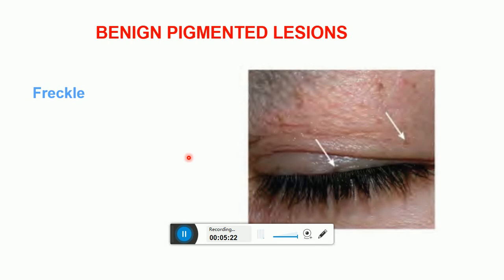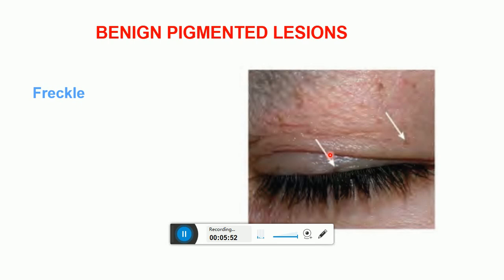Now benign pigmented lesions. The first one is freckle, also known as ephelis, plural ephelides. It is a small, generally 1 to 5 millimeter, brown macule due to increased melanin in the epidermal basal cell layer.